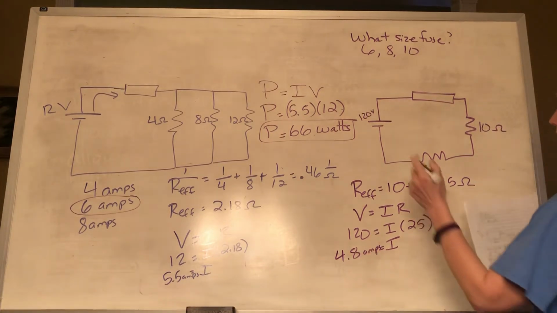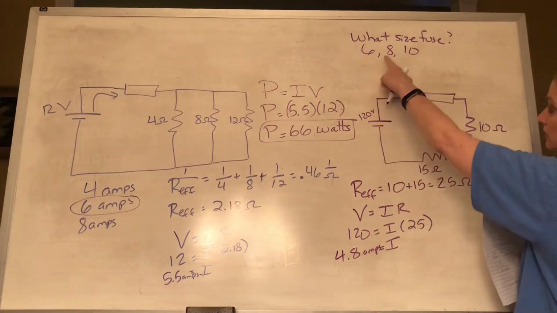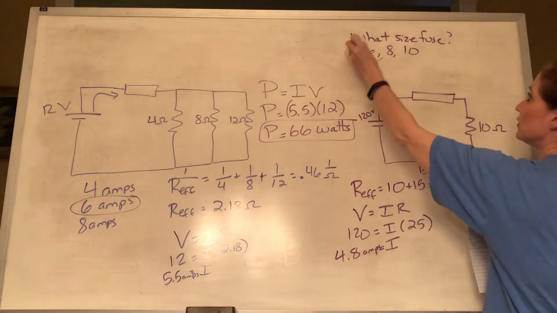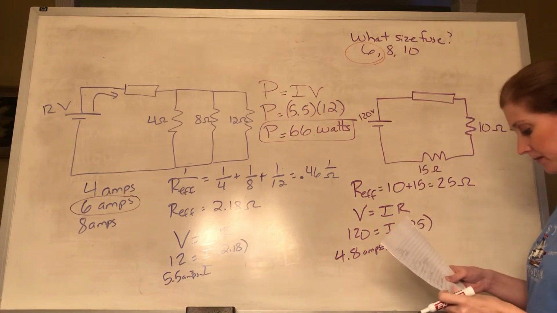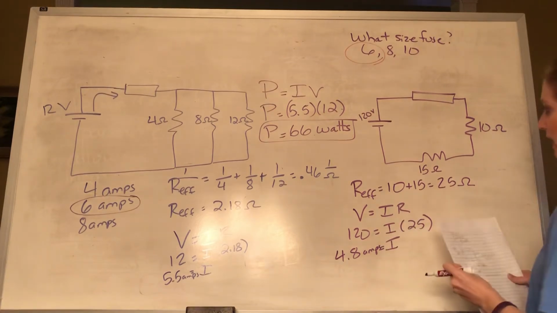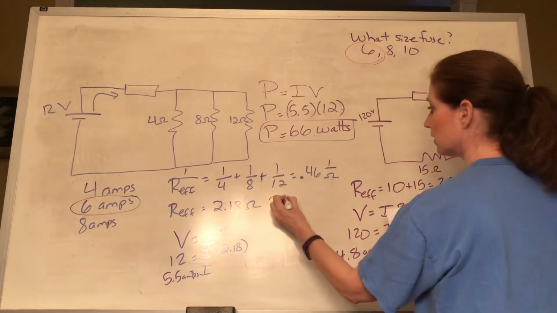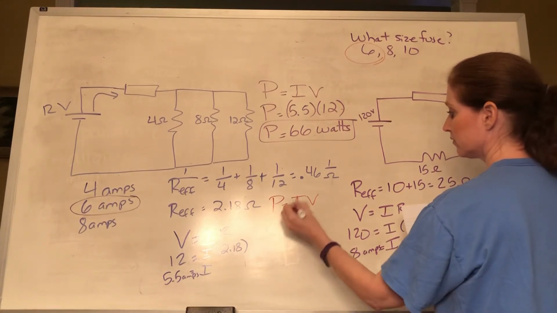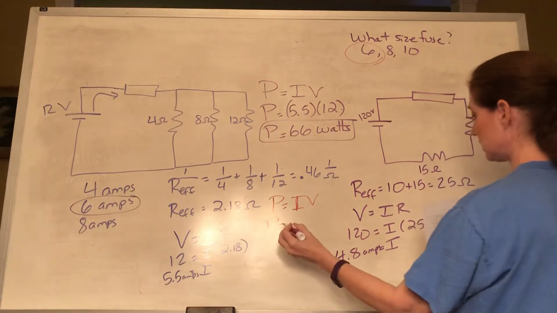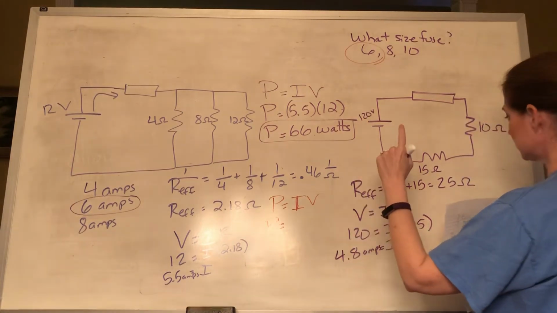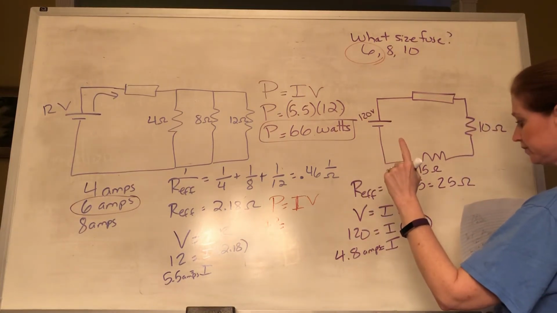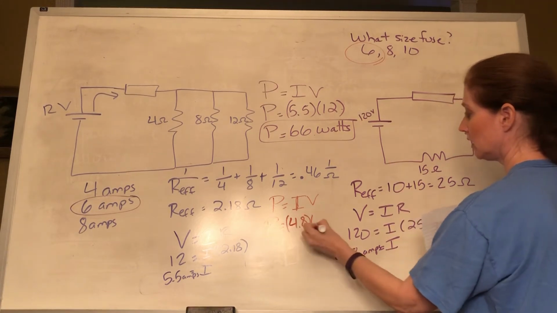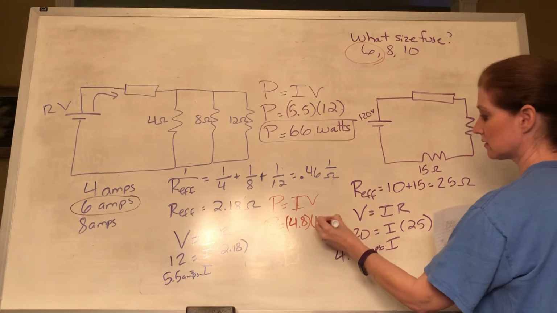Alright, so 4.8, we want to use the 6 amp fuse. Again, if we do the power on this one, P equals IV. And we've got, where'd it go? 4.8 amps and 120 volts.